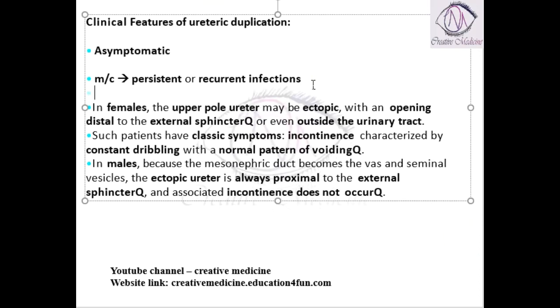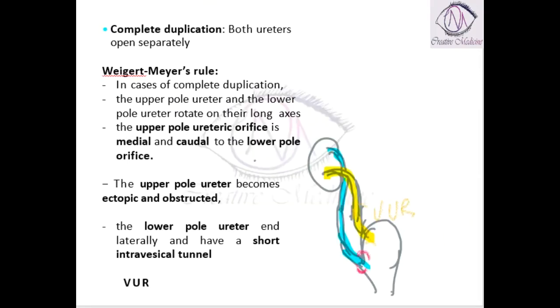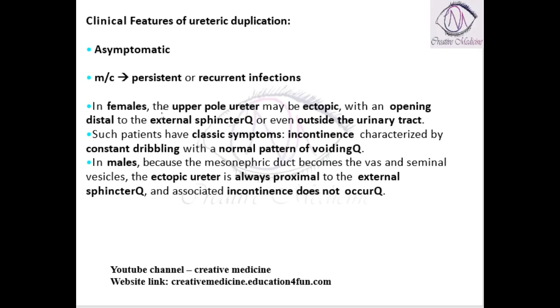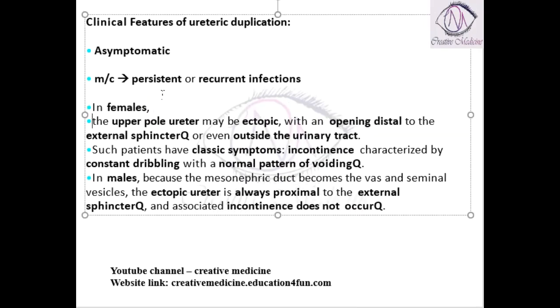Then in females, the upper pole ureter is ectopic. The upper pole ureter in females is ectopic and it is also associated with ureterocele.